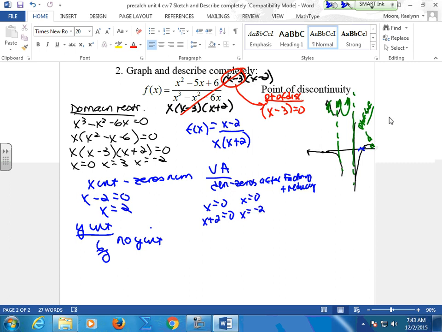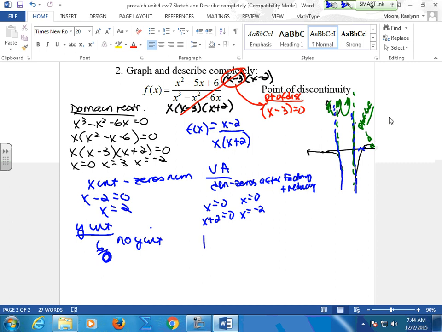So here's where your graph is. There's your asymptote right along your x equals 0. That's why you don't have a y-intercept. It's 6 over 0, so we have no y-intercept. And look why. Our asymptote is on the y-axis. It's x equals 0. Our other one is x equals -2. That's going to help your end behavior.